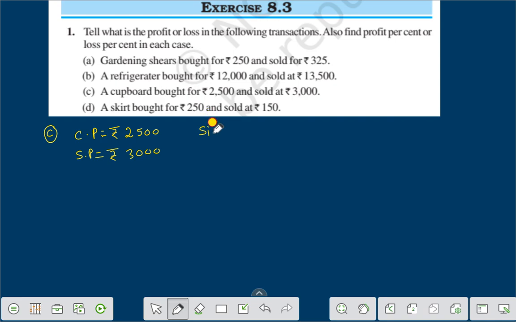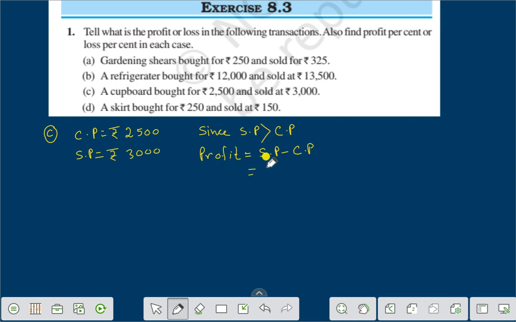Since selling price is greater than cost price, therefore there is a profit, and profit is equal to selling price minus cost price. What is selling price?